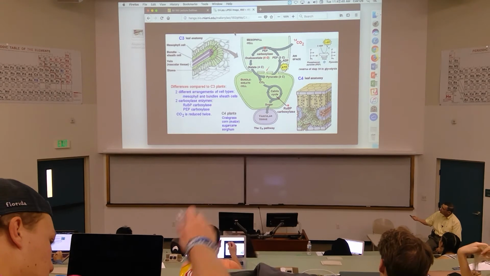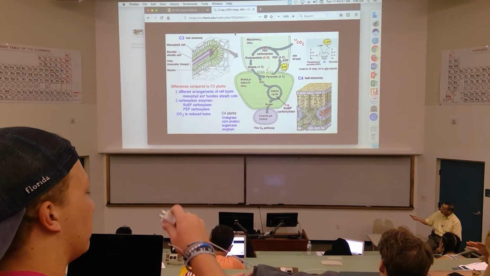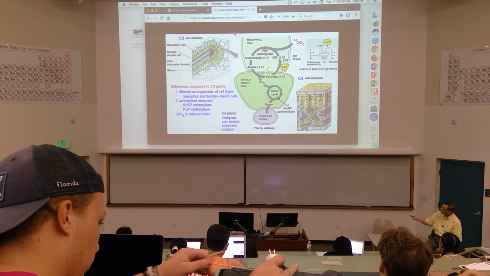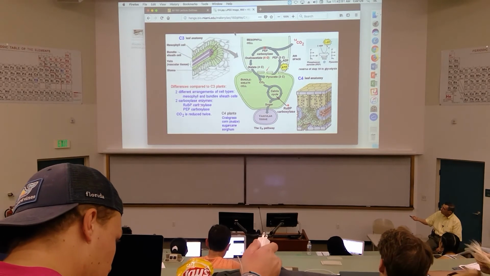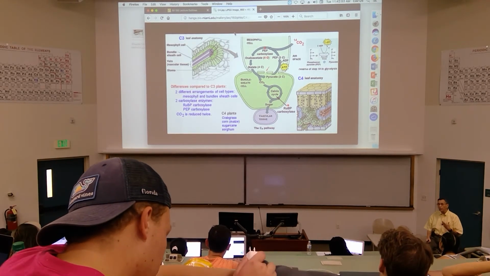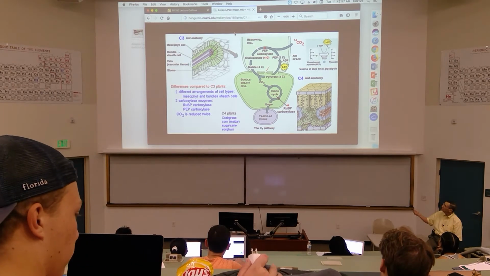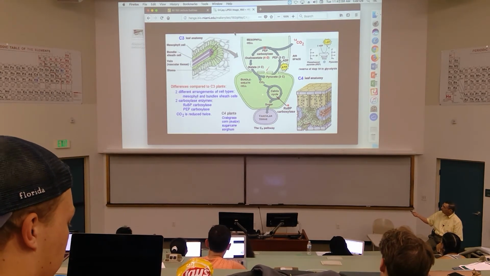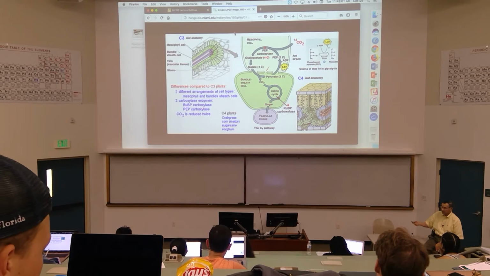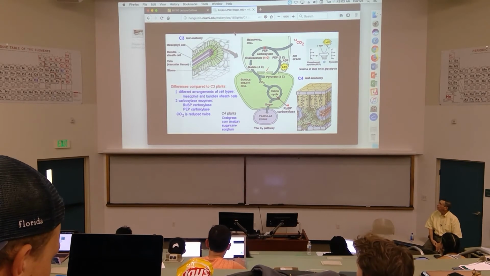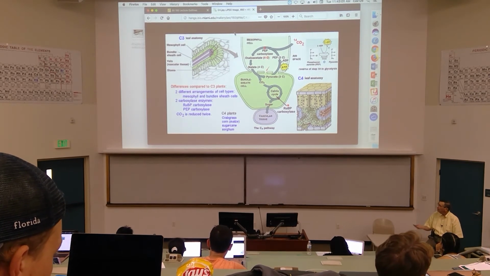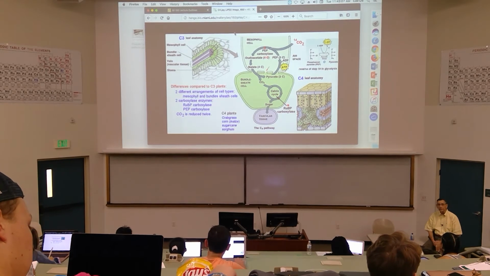So what's the difference? Two different cell type arrangements, bundle sheath and mesophyll cells. C4 plants have two different enzymes that will reduce carbon dioxide: PEP carboxylase in mesophyll cells, RuBP carboxylase in bundle sheath cells. Carbon dioxide is reduced twice.